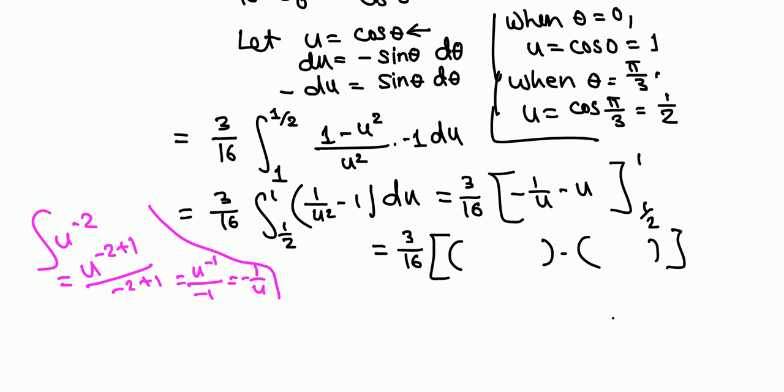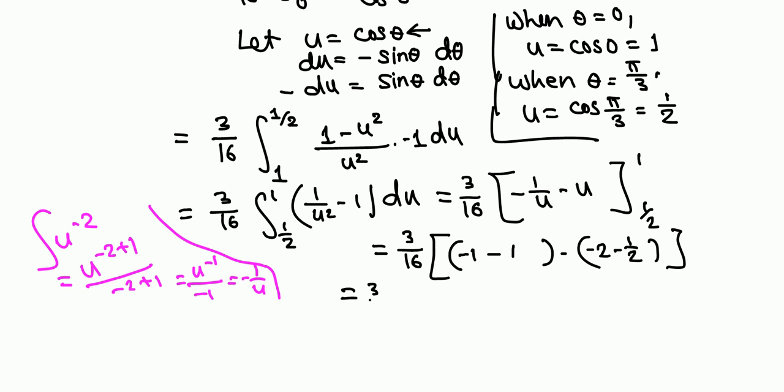Okay, you can use your calculator. Upper limit is 1, so -1 over 1, this -1 minus 1. Lower limit: -1 over 1/2. The reciprocal of 1/2 is 2, so -2 minus u is 1/2.